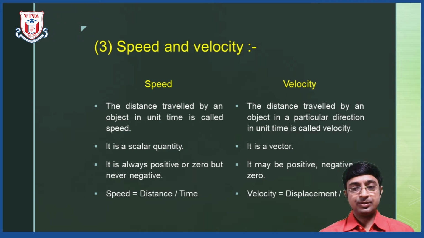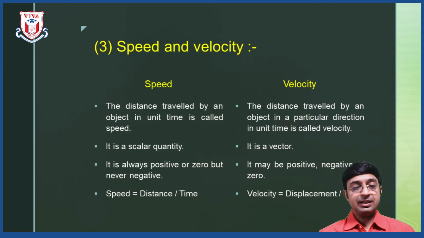So in the case of velocity, direction is very important, and for measuring speed, direction is not required. That's why the second point is, speed is a scalar quantity, but velocity requires magnitude as well as direction. That's why velocity is a vector quantity.